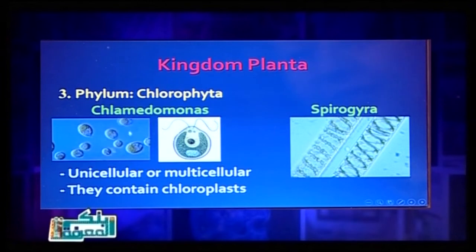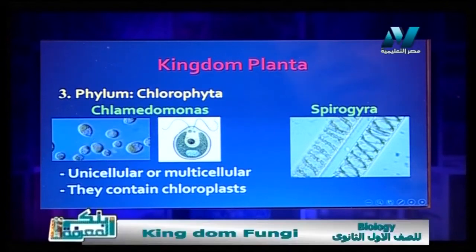So they can move in this video by the flagella. The green plastid here is a cup-shaped plastid, occupying most of the cell, like the picture shows. So it is a green plastid in cup shape.